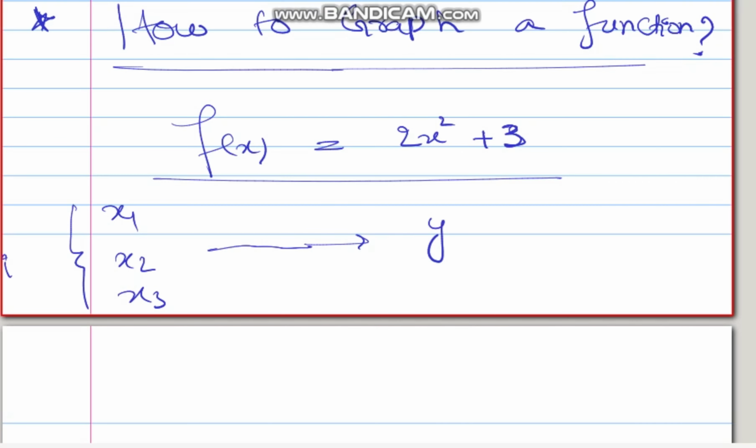No problem, don't be afraid of these. These are inputs, and we found y1, y2, y3, and so on, because every input has one output. We did this type of thing in our previous lecture, and you can watch the previous lecture for your understanding.